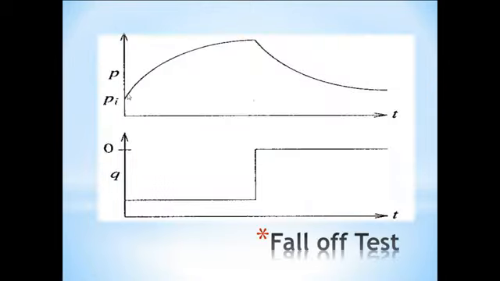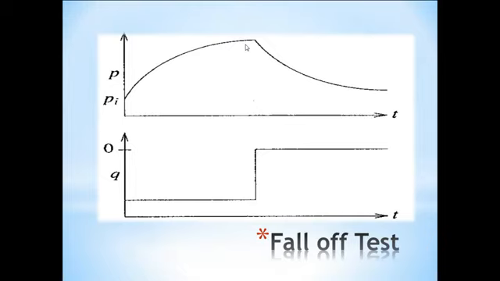On the diagrams, this initial period shows the injection period in which we are injecting a fluid in the well, and at the peak of the curve we provide the input by stopping the injection, and then the pressure starts declining.